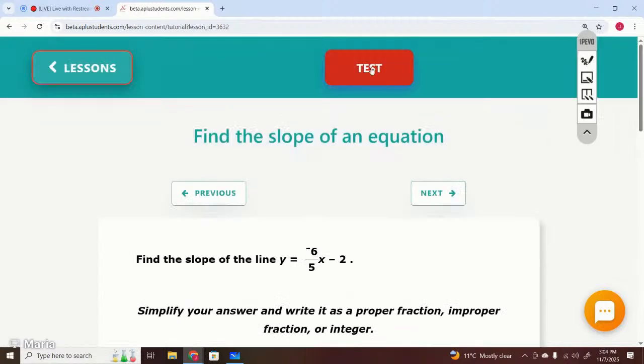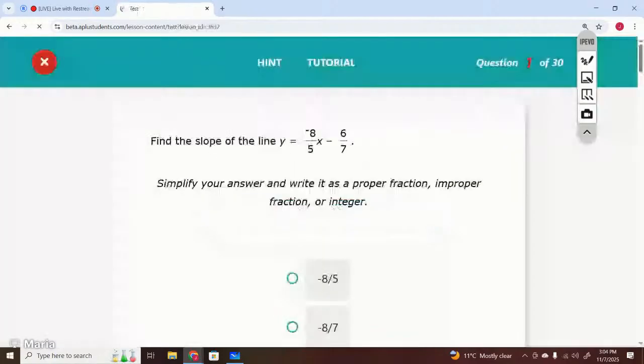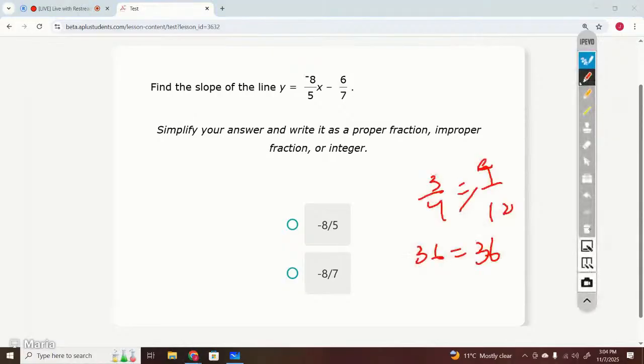Let's just start with the test questions. Find the slope of the line y equals negative 8 by 5x minus 6 by 7. So the equation is y equals mx plus b.